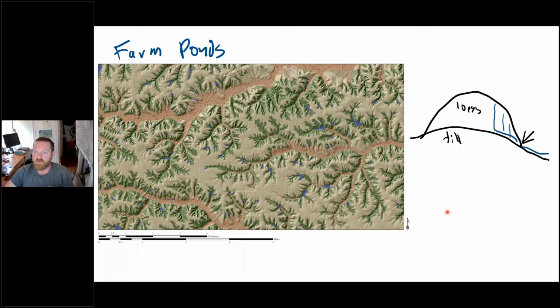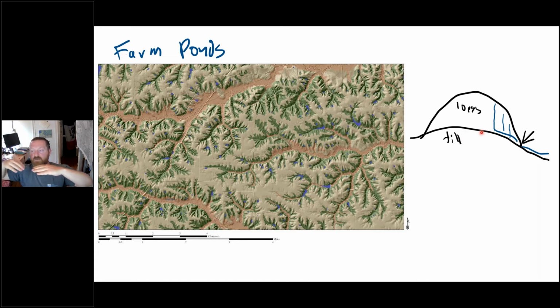And so you can see this is, where is this? This is near Eddyville, in Wapello County. And you can see all these little blue dots. Well, those blue dots are lakes, but they're not natural. And what's going on is that the loess allows water to move through it preferentially, whereas the till is really clay rich, so it acts as an aquiclude.